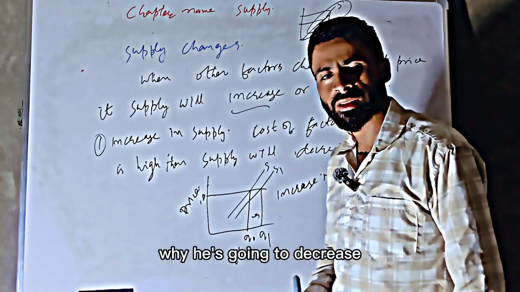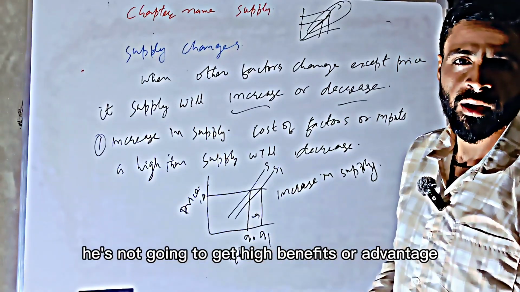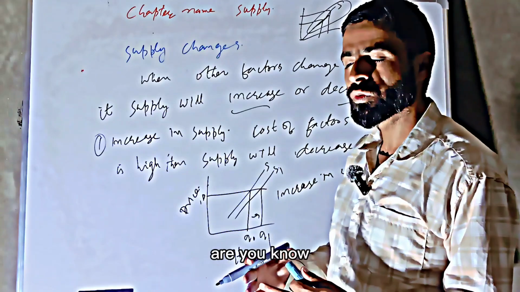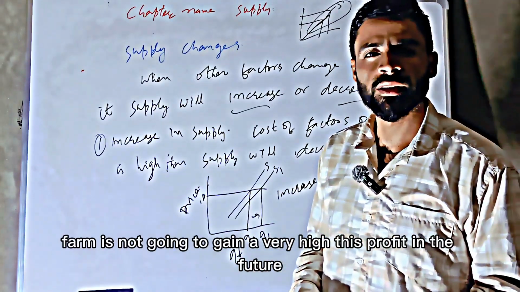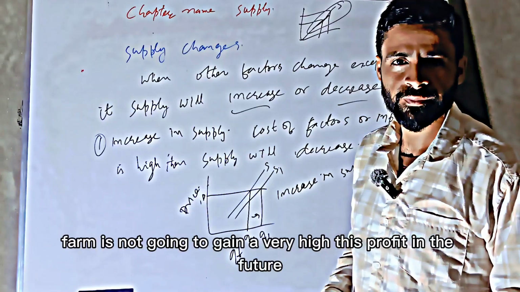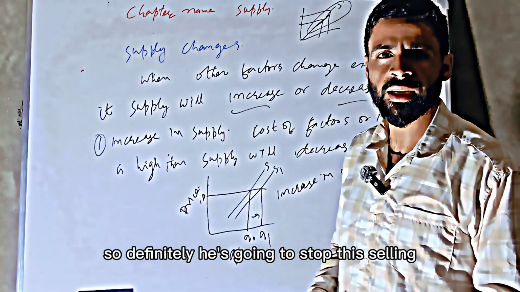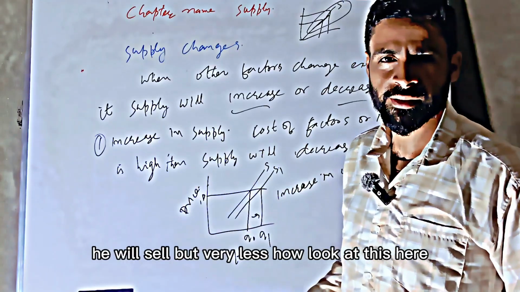Why is he going to decrease? Because he knows that he is not going to get higher benefits or advantage, or the firm is not going to gain a very high profit in the future. So definitely he is going to stop this selling. He will sell, but very little.